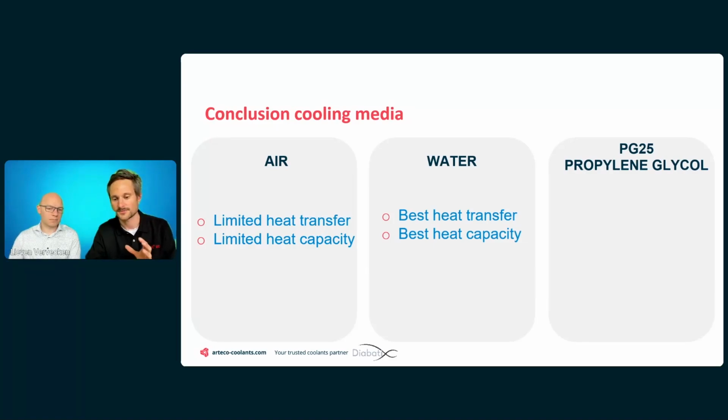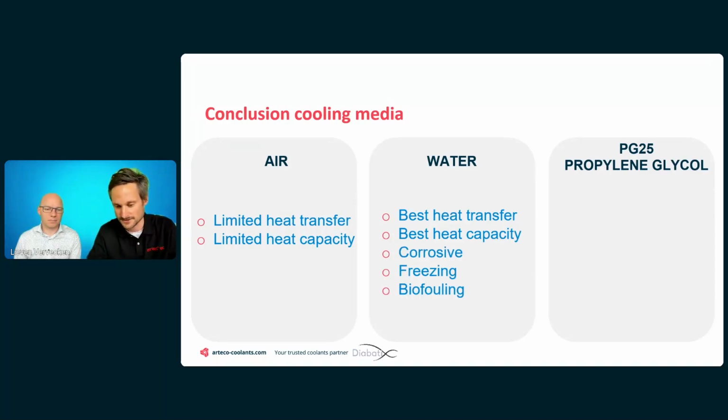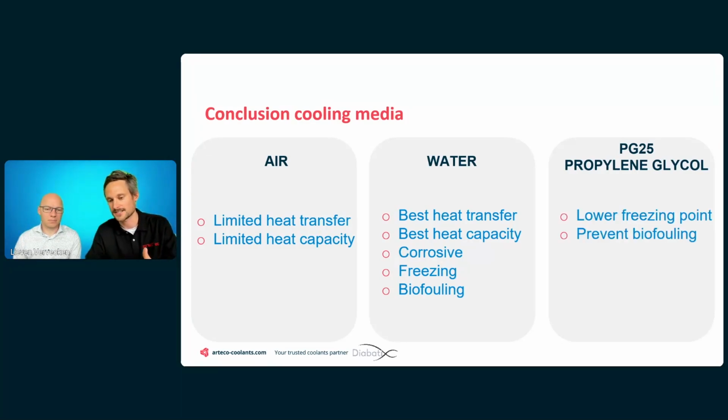On the other hand, water has the best heat transfer and the best heat capacity, but of course it's corrosive, freezes at 0 degrees, and gives this issue with the biofouling. And that's the reason then why the PG25 is there to lower the freezing point and to prevent any biofouling from happening.